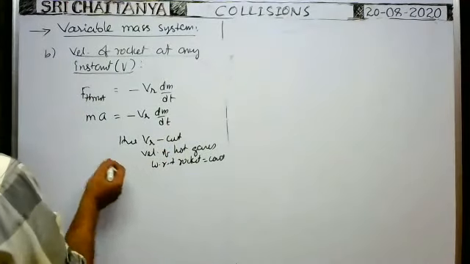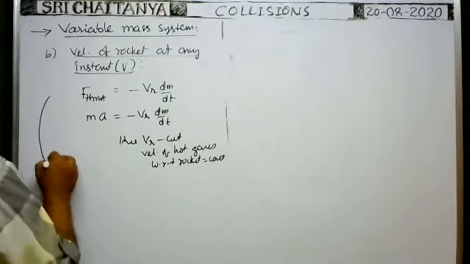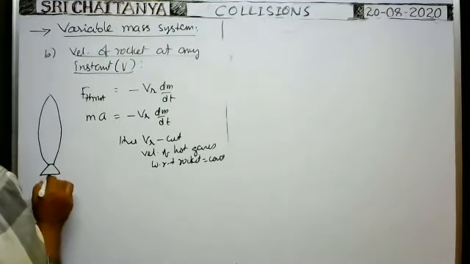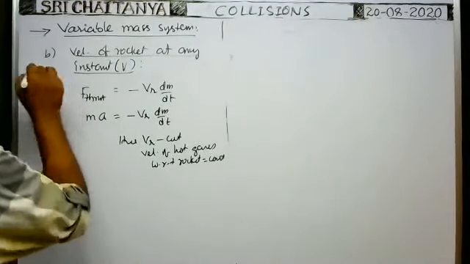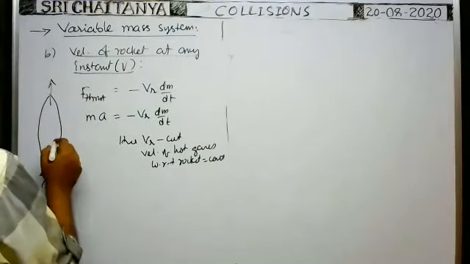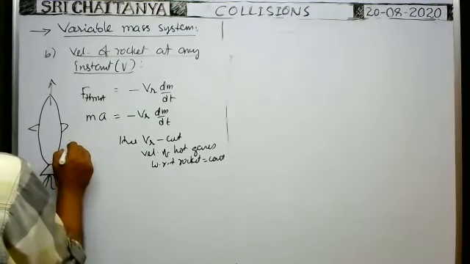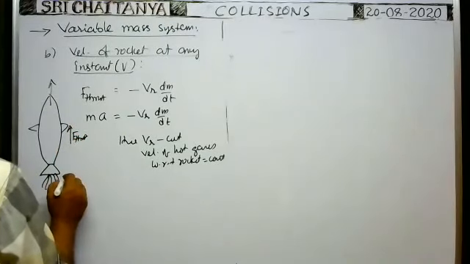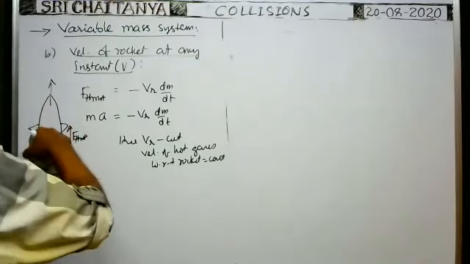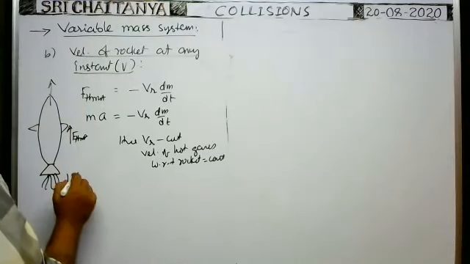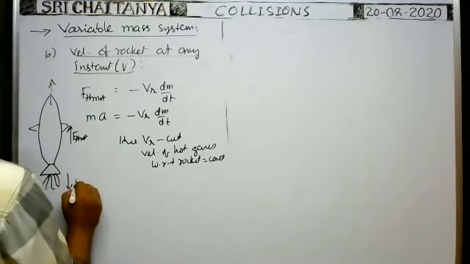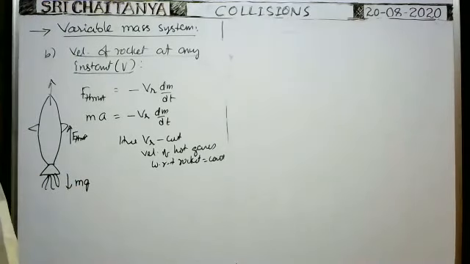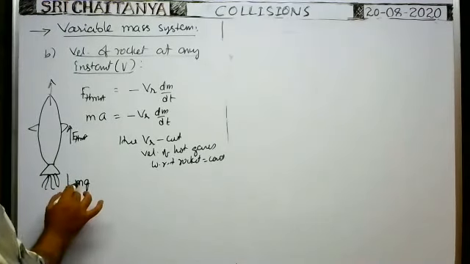Whenever the rocket is moving, suppose this is the rocket, it is the motion of the rocket. Thrust F thrust is in the upward direction. The weight of the entire rocket, suppose the mass of the rocket at any instant is m, then the weight is mg downwards.